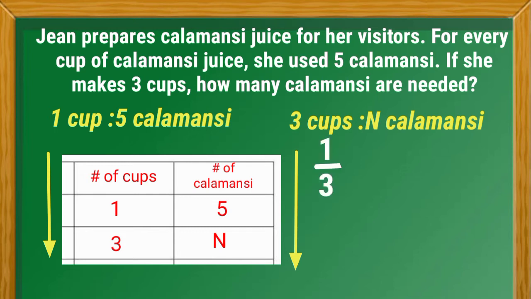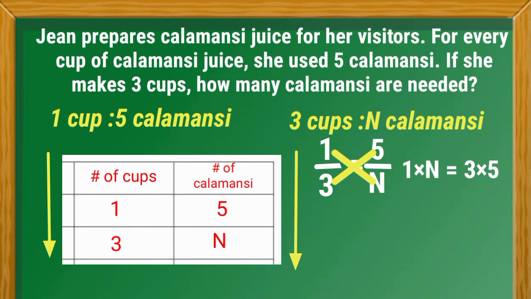So that would be 1/3 equals the number of calamansi needed. We have from 5 going to n. So that would be 5/n. So our equation will be 1/3 equals 5/n. And then we are going to cross multiply 1 times n.